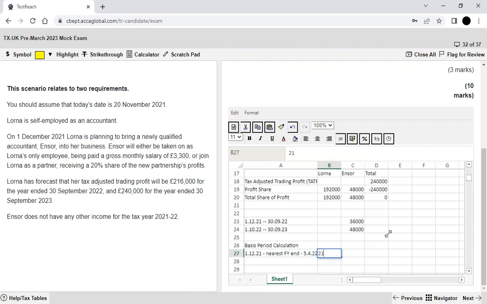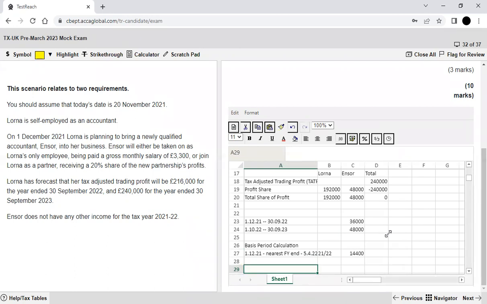This would be referred to as fiscal year 21-22. 36,000 of profit is for a period of 10 months, and I am considering 4 months over here. So the 4 months profit amounts to 14,400.